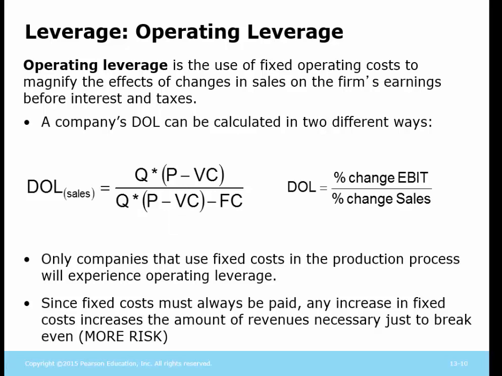So we can look at the formula that we had for EBIT. Fixed cost is in the denominator. So if fixed costs were 0, the degree of operating leverage would be equal to 1. And for every dollar that the fixed cost would go up, the denominator becomes smaller, so the degree of operating leverage gets larger. So a larger degree of operating leverage indicates more fixed costs, which indicates more leverage, and in the end, that means there's more risk.